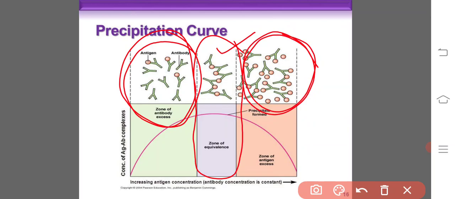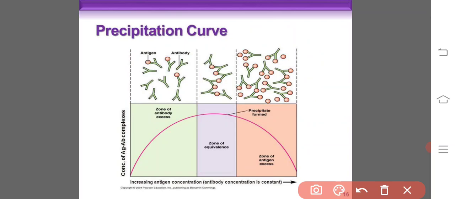When increasing concentration of antigen are added to a series of tubes that contain a constant concentration of antibodies, variable amounts of precipitates have been formed. If the amount of the precipitate is plotted against the amount of antigen added, a precipitation curve like this shows three important zones.